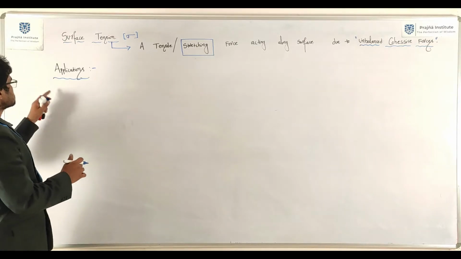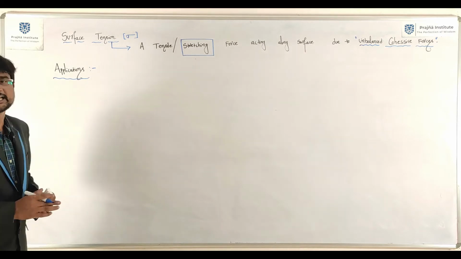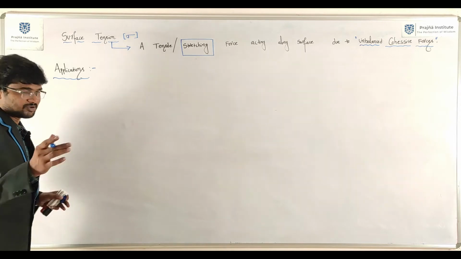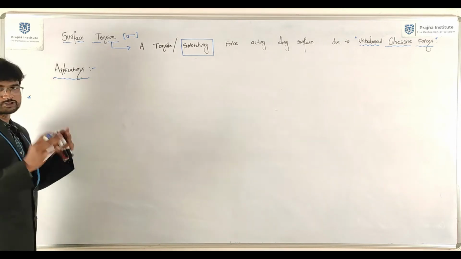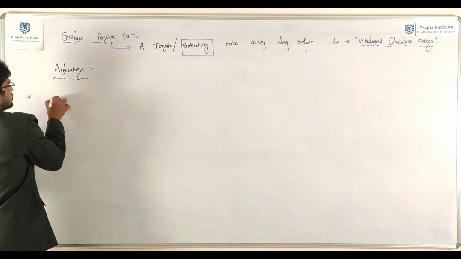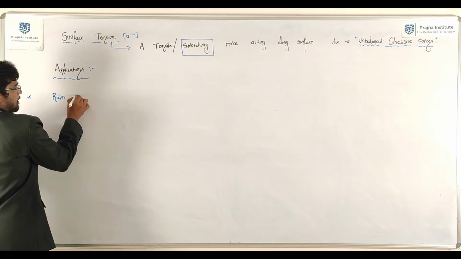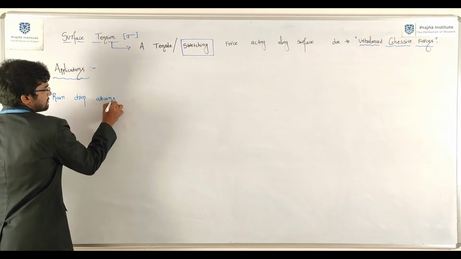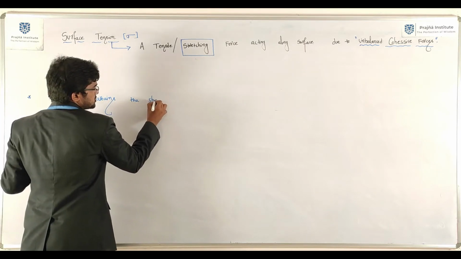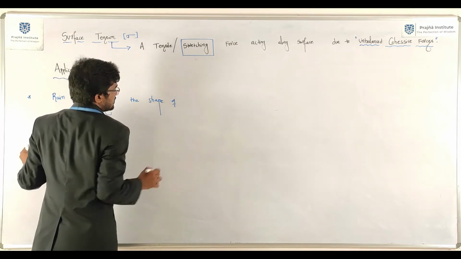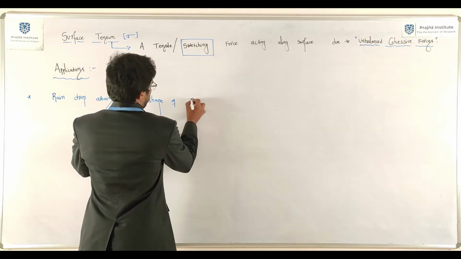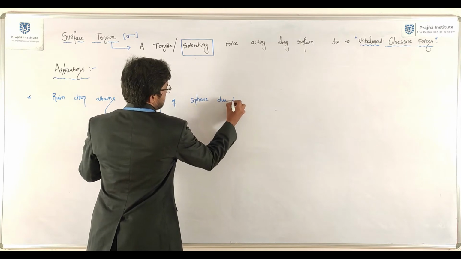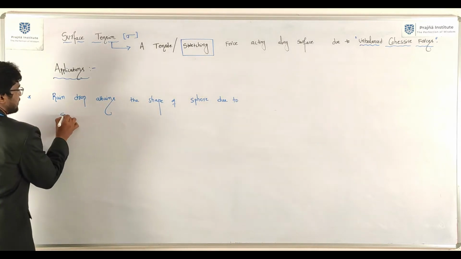Now we need to discuss some of the applications of surface tension. We already studied this part in intermediate. First, just to recall those points: a raindrop attains the shape of a sphere due to surface tension.